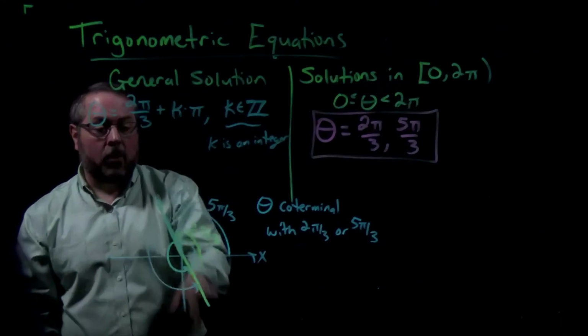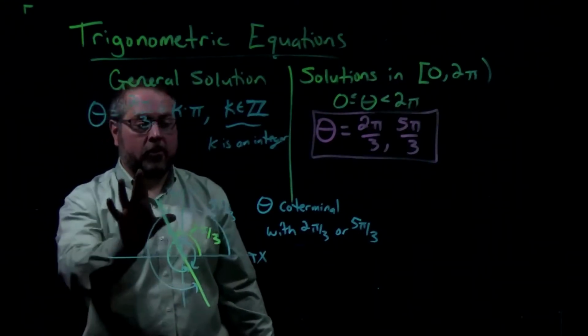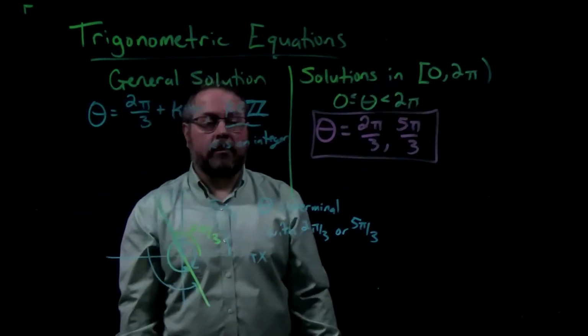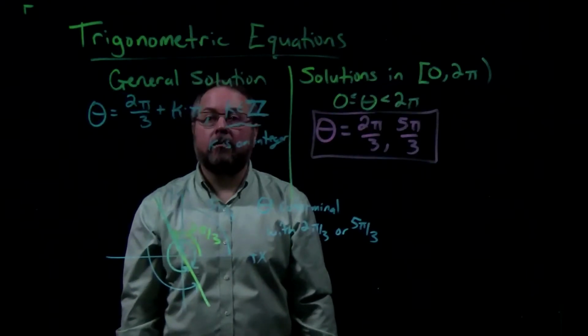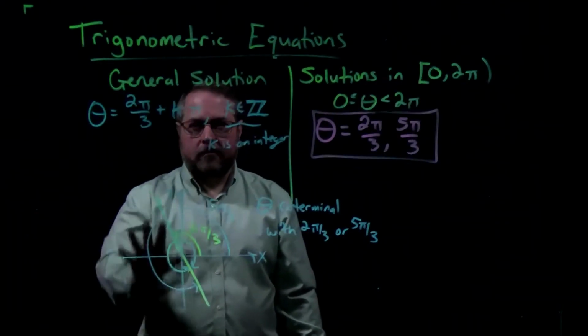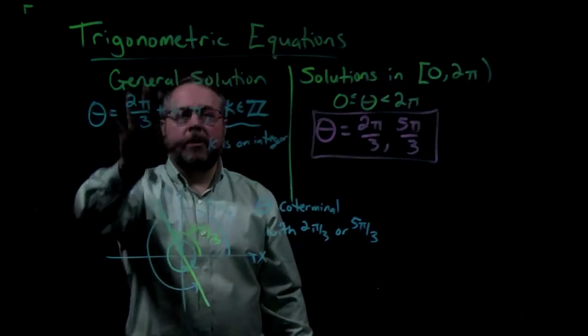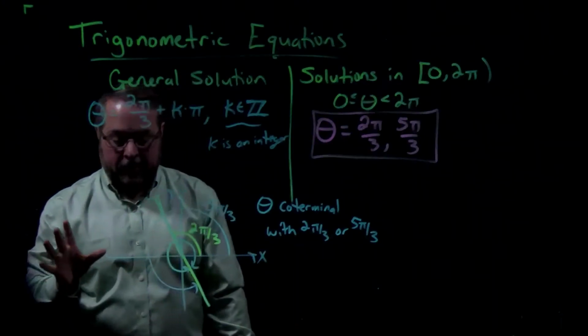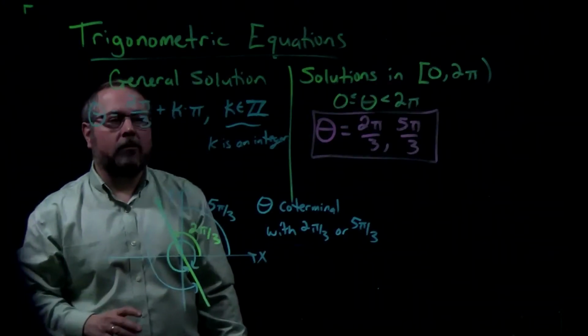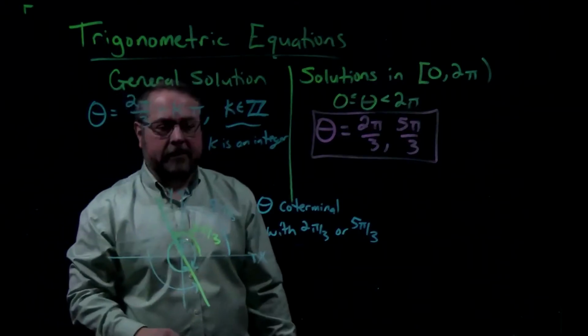That's going to get us to all the solutions, all the angles that are coterminal with 2 pi over 3 and 5 pi over 3. Okay, so this situation with the general solutions is a little bit more complicated, may take a little bit more getting used to, but this is the idea.